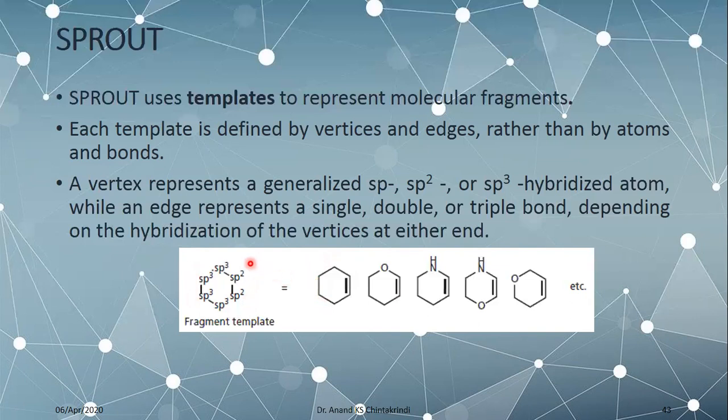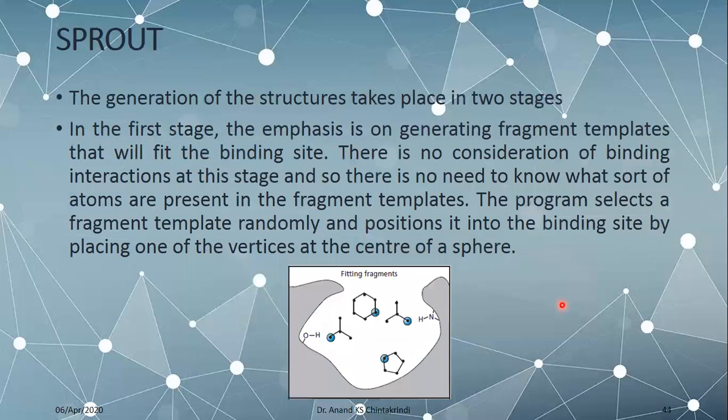We'll see this in more detail later, but for now, it will fit this. Depending on the interaction with the binding site here, it will modify it to carbon or oxygen or nitrogen. So this type of designing of a fragment template allows the program to have a multitude of various fragments being considered.